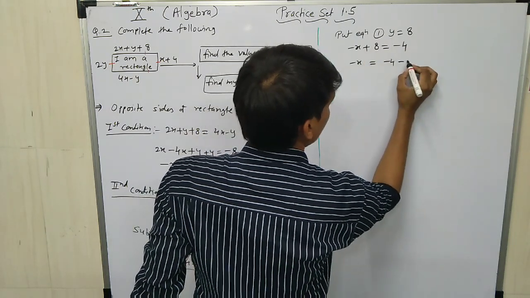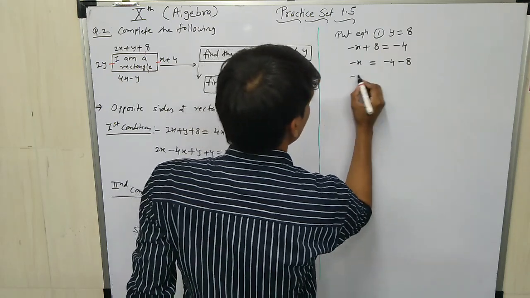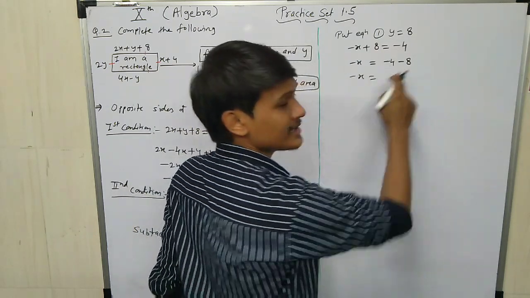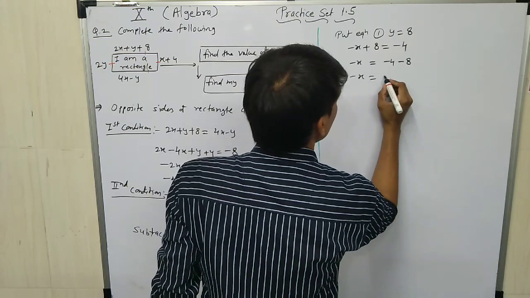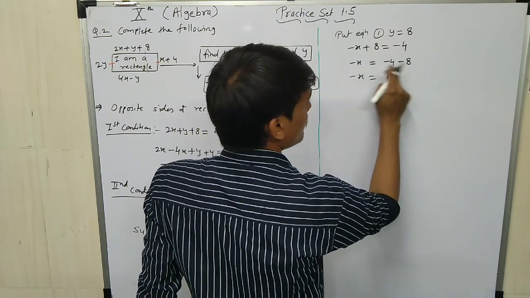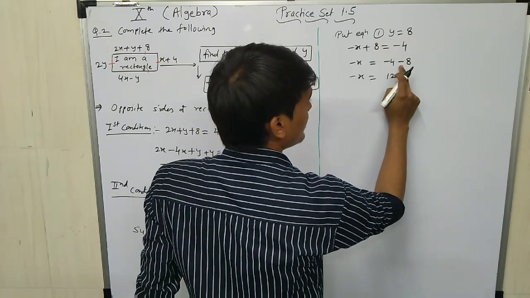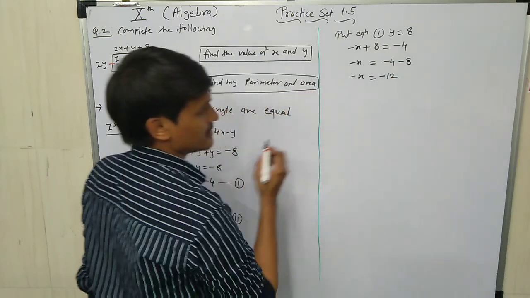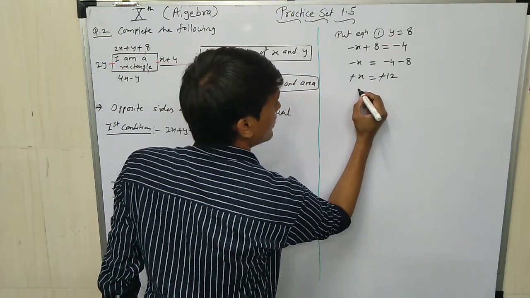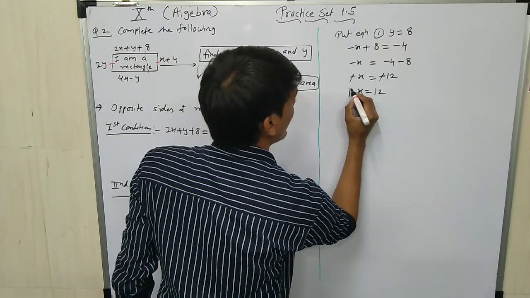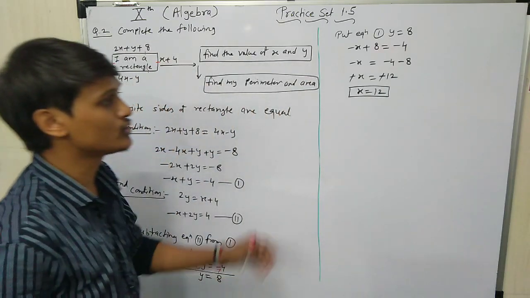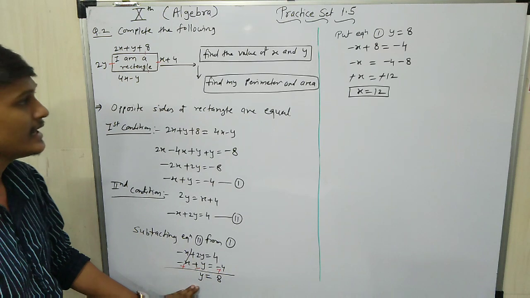This is plus, there will be minus 8. Minus x is equal to minus 4, minus 8 is equal to minus 12. Sign will be of the biggest number. There is minus 8, sign is minus. Minus minus will be cancelled. X is equal to 12. X value is 12 and y value is 8.